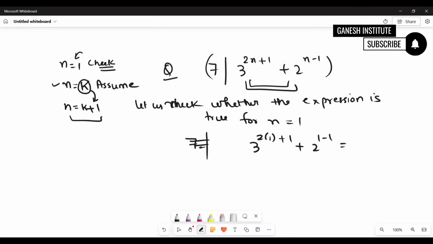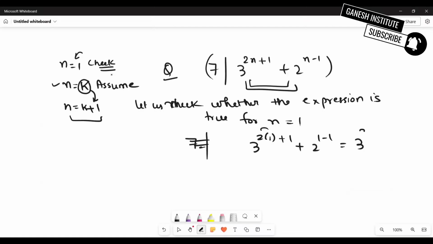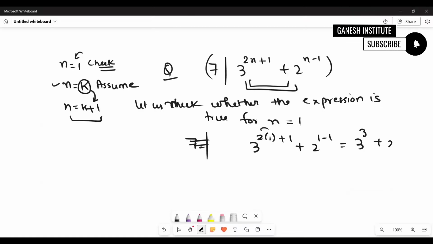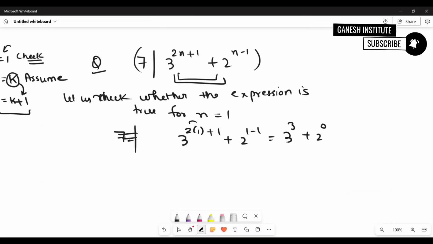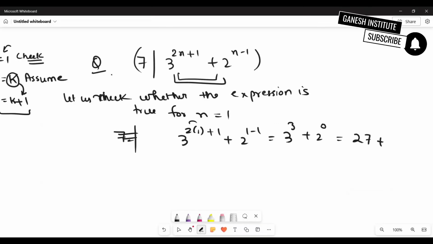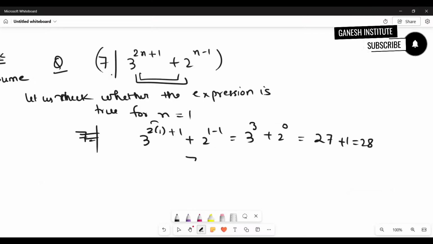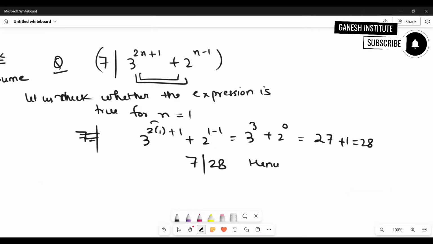So 3 raised to 3, plus 2 raised to the power 0, right? So it is 27 plus 1, which is 28, which is divisible by 7. Hence you can assume it as Pn. So Pn is true for n equals 1.